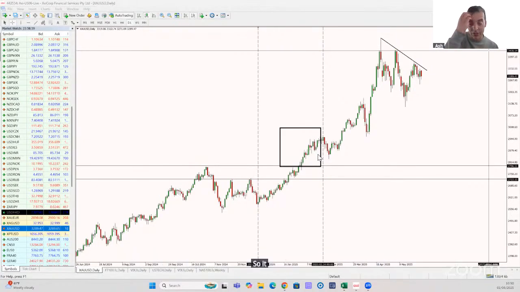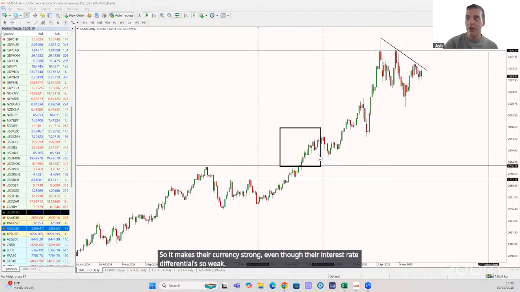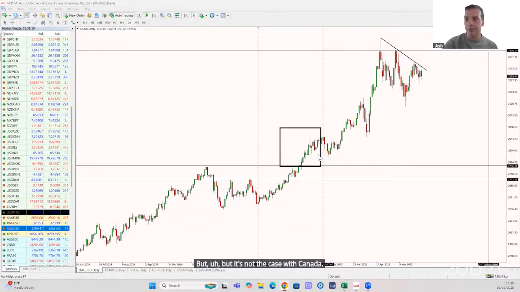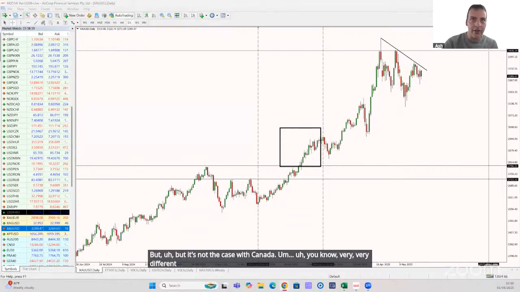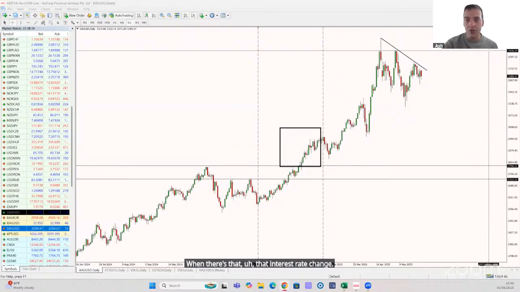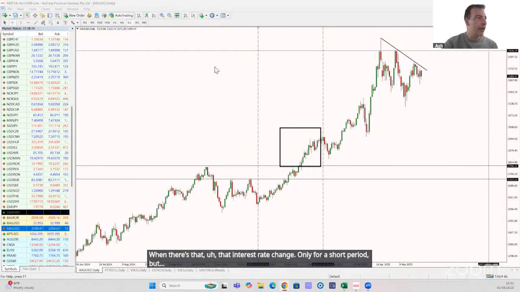So it makes their currency strong, even though their interest rate differential is so weak. But it's not the case for Canada. A very, very different picture. So you can trade the Canadian dollar when there's that interest rate change, only for a short period. But okay, that's just a quick look at swing trading versus day trading.